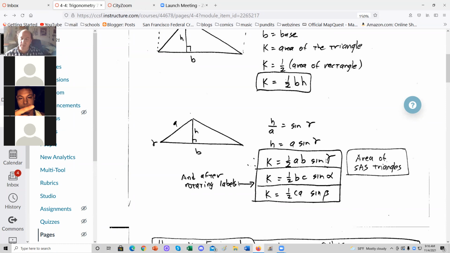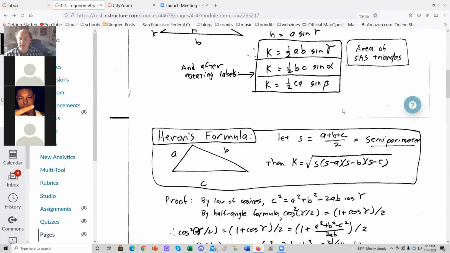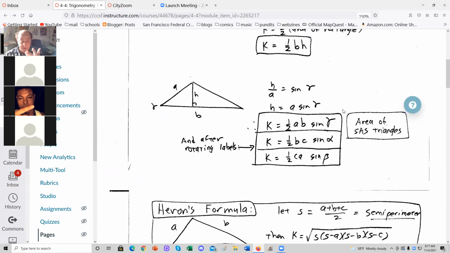And if you rotate labels a to b to c to a, and gamma to alpha to beta to gamma, then K is also 1/2 bc sine alpha and 1/2 ca sine beta. This is the area of a side-angle-side triangle: 1/2 the product of two sides times the sine of the angle between them. Okay, that's simple enough.